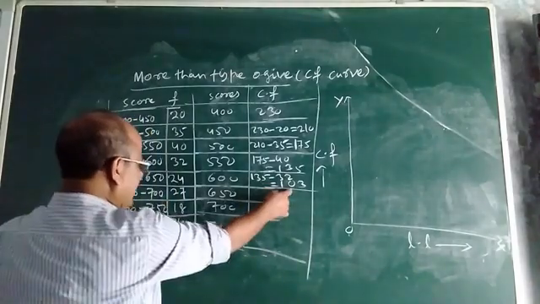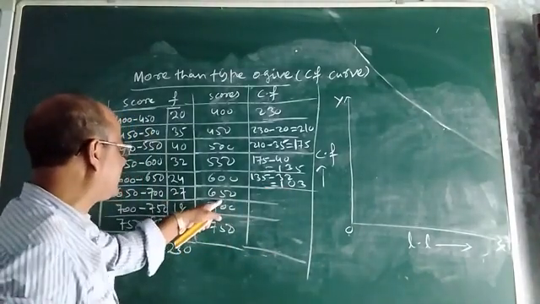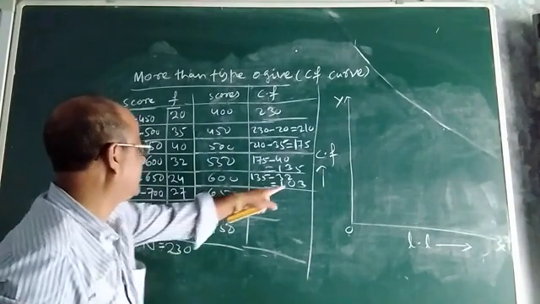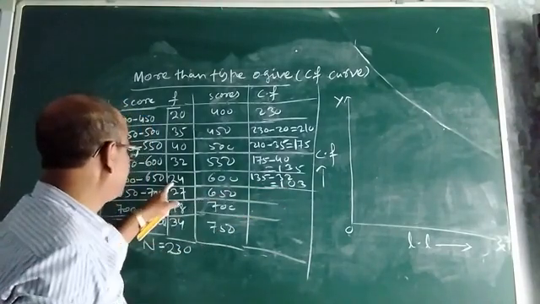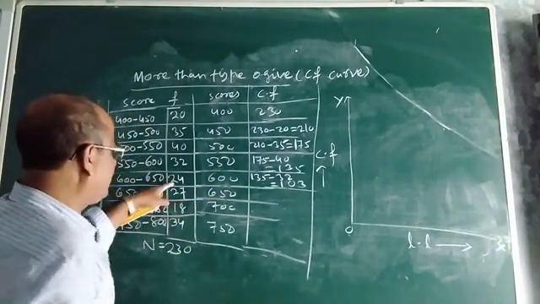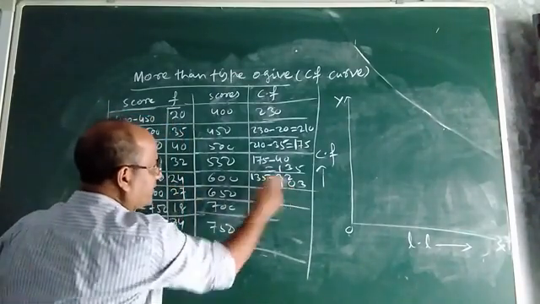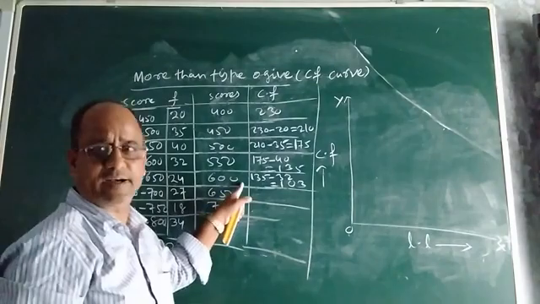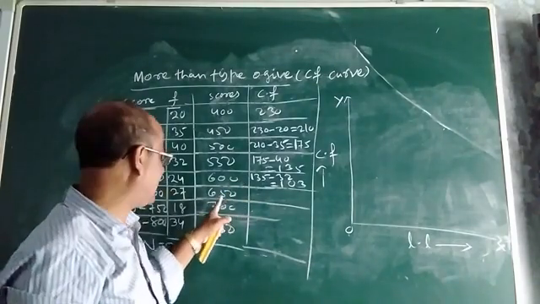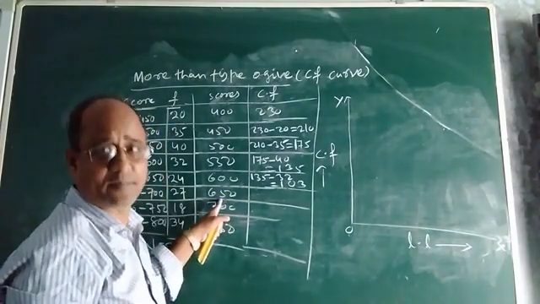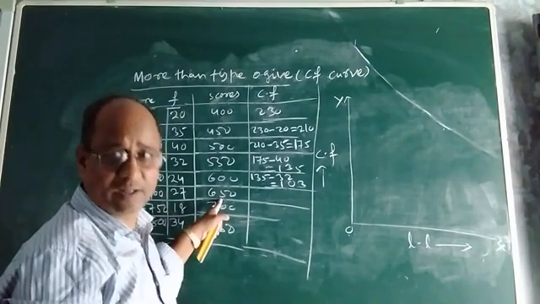Then how to get the cumulative frequency of 650? This 103 minus 24, the frequency is 24. Subtract this 24 from the cumulative frequency of 600, so that you will get the cumulative frequency of the next lower limit.